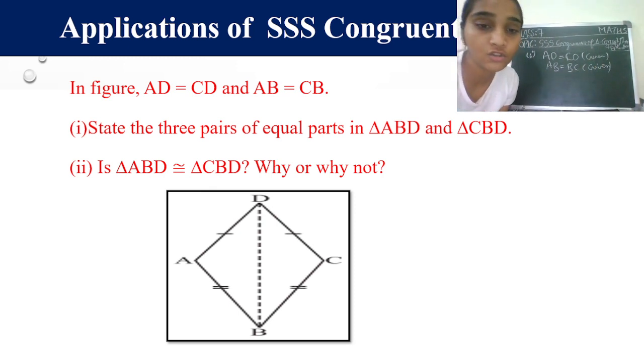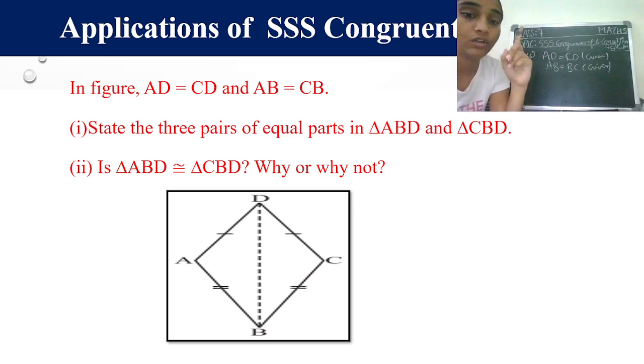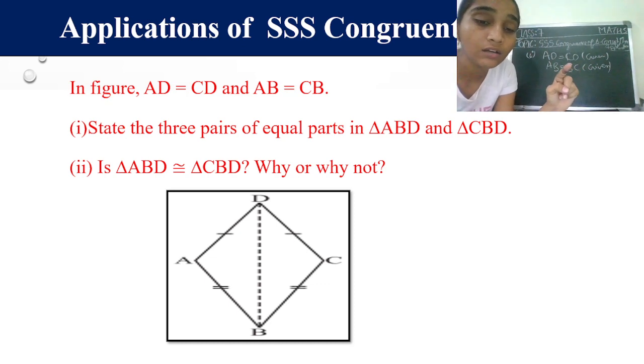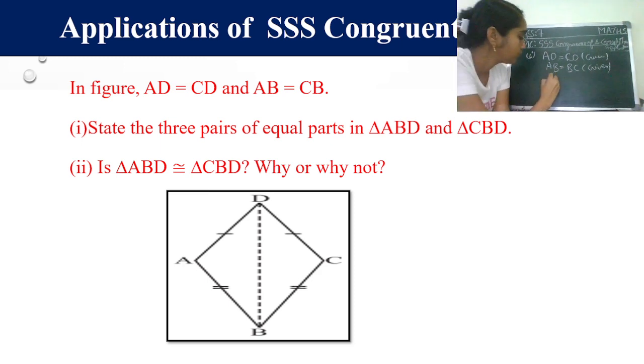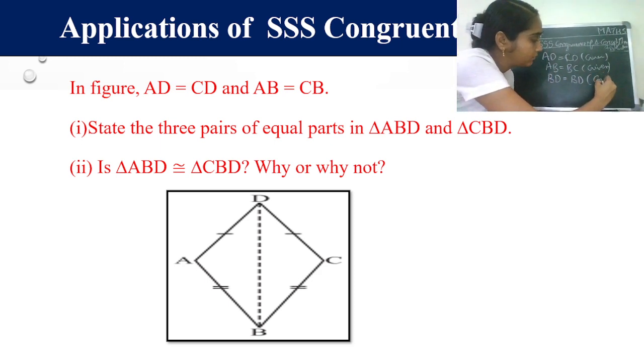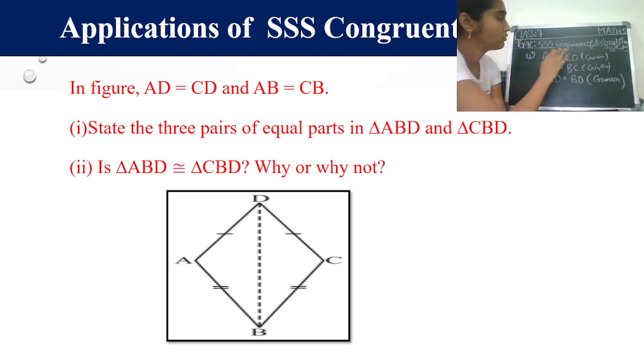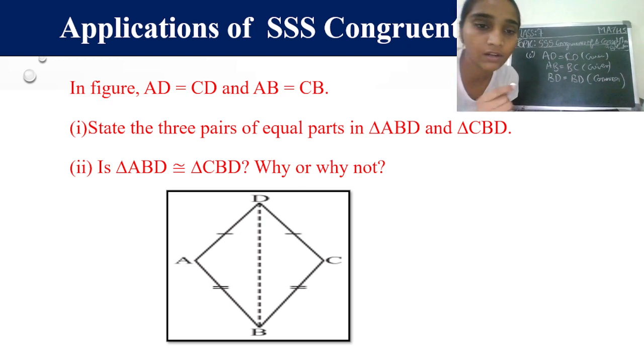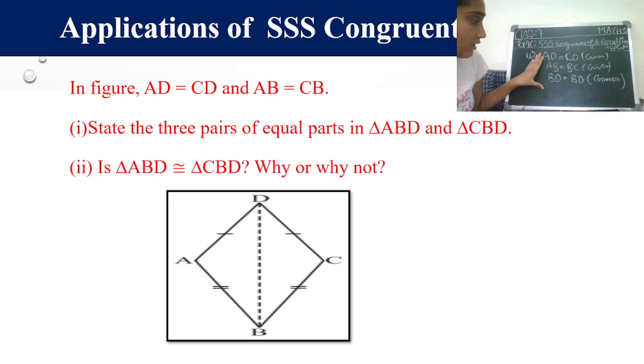Now just observe the side BD. Very good. The side BD will be equal to BD only in both the triangles because it is common. So we can say BD is equal to BD, common. BD is common in both the triangles. Yes, they have asked us about ABD and CBD only. So these are the 3 pairs of equal parts in those 2 triangles.